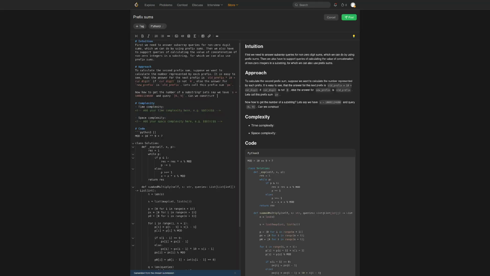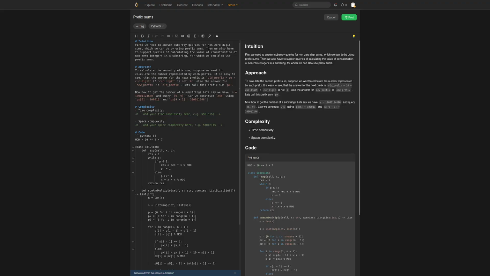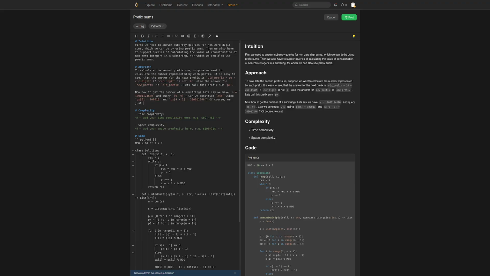Can we construct 1, 2, 3, 4, 5, 6, so 2, 4, 6 using px 6 equal to this, and px 9 plus 1 equal to, okay, of course we just subtract px6 from px10.